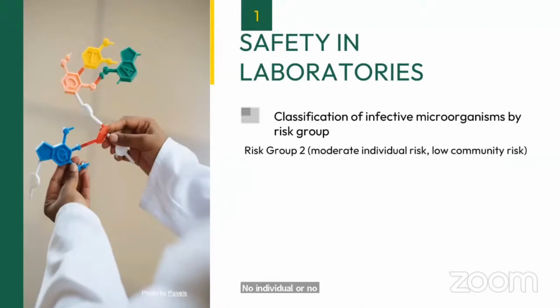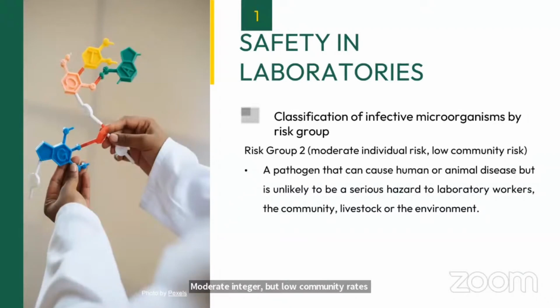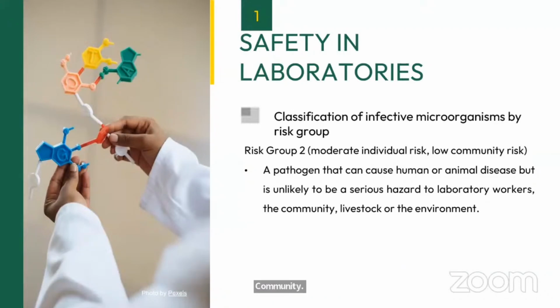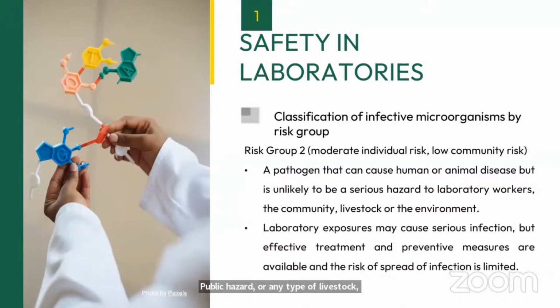Risk group 2: moderate individual risk but low community risk. It includes pathogens that can cause human or animal diseases but are unlikely to be serious hazards to laboratory workers, communities, livestock or the environment. So it may cause disease in humans or animals, but it may not cause any serious hazard to laboratory workers, the environment, the public, or livestock.